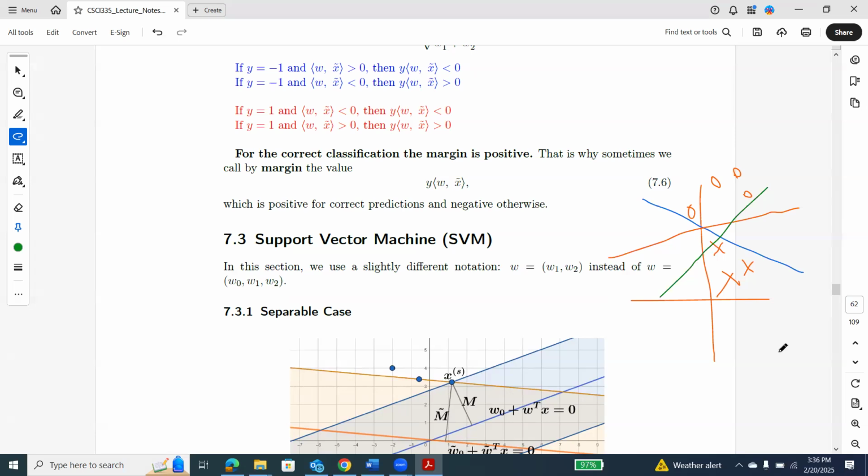But what do you think? Which line will you choose? Red, orange, blue, or green? Maybe green because it has a positive slope. Well, as I said, there is actually no one answer.